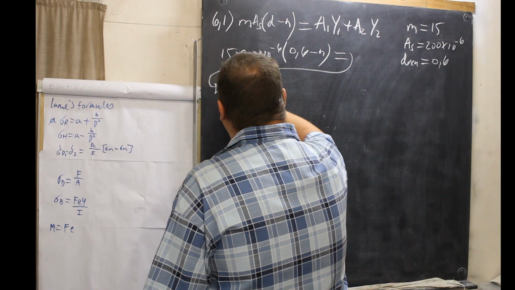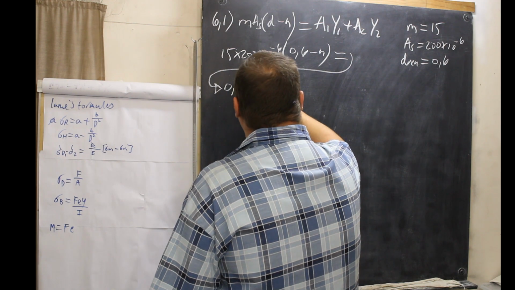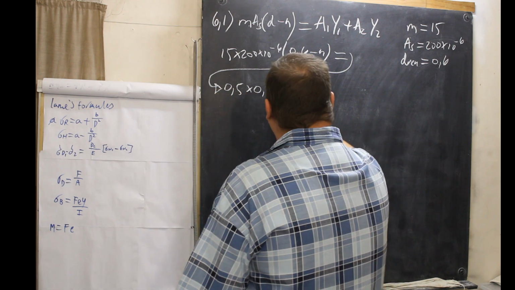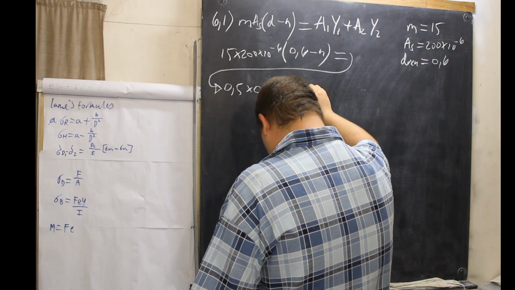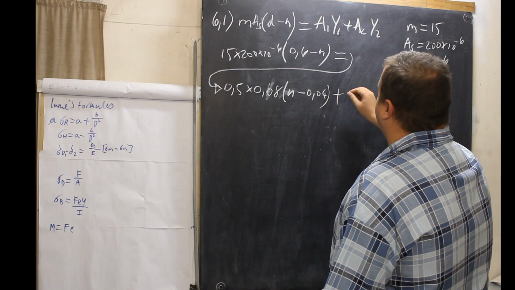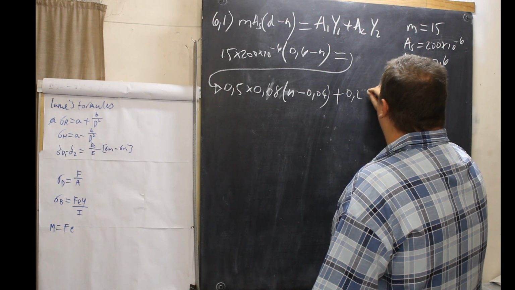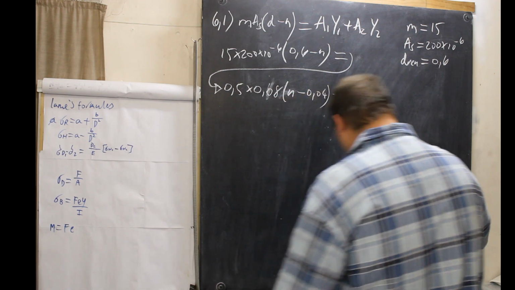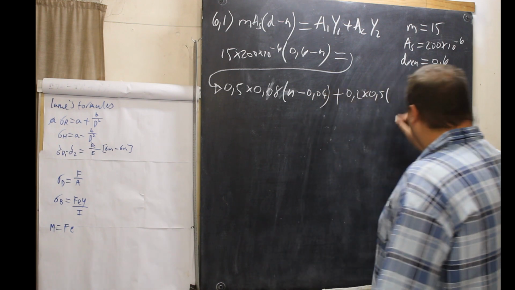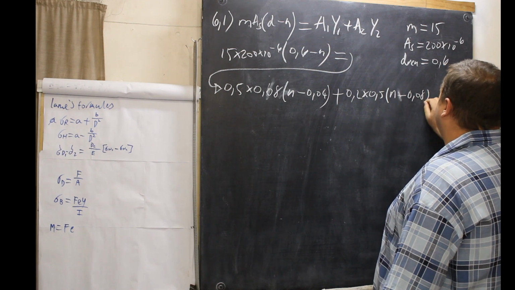So A1 is 0,5 times 0,08, times n minus 0,04, plus 0,2 times 0,5 times n minus 0,08 squared.